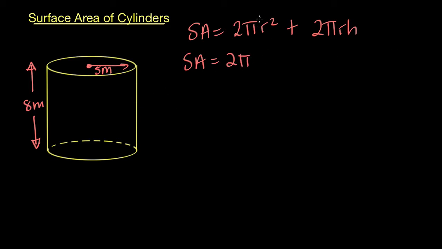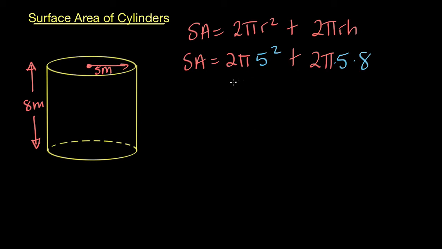Our radius is 5, so 2 pi times 5 squared. Then we continue with plus 2 pi, and then we've got another radius, that's 5, so 2 times pi times 5, and we have a height over here which is 8. So I'm just going to put little points there: 2 times pi times 5 times 8.